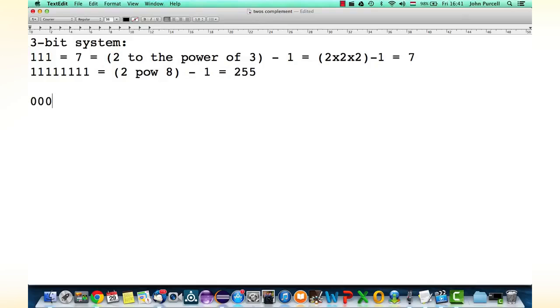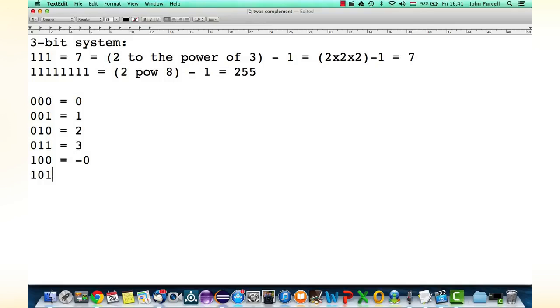So therefore 000, that's 0 in decimal. 001, which gives us 1. 010, that's 2. 011, that's 3. If we add 1 to that, we get 100. So we're saying this is negative now because it's got a 1 here. So now we'd have to say that this equals minus 0.